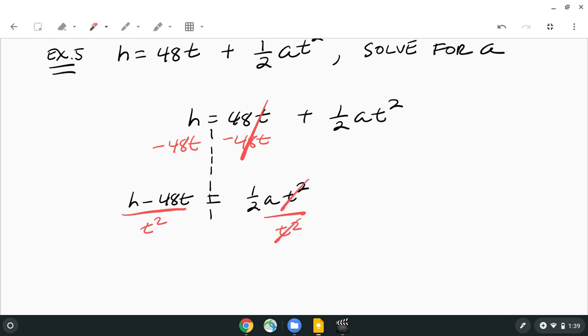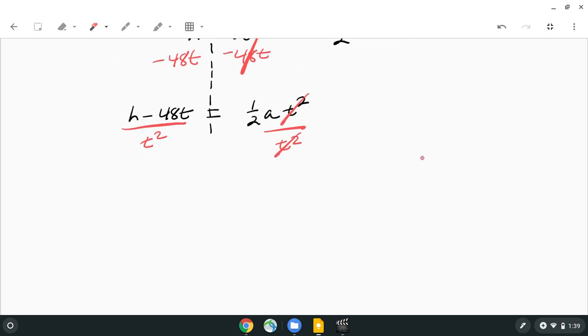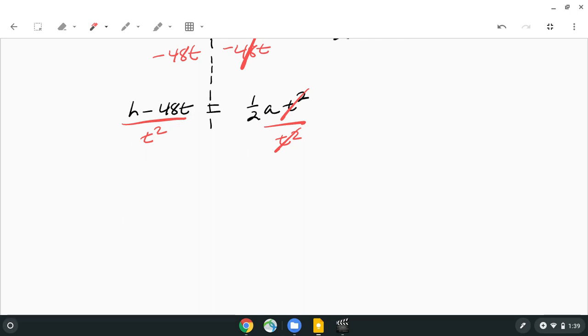So here they cancel. And again, I can't actually do the calculation here on the left-hand side, so I'm just going to bring all of that down. So h minus 48t all over t squared equals 1/2 a.